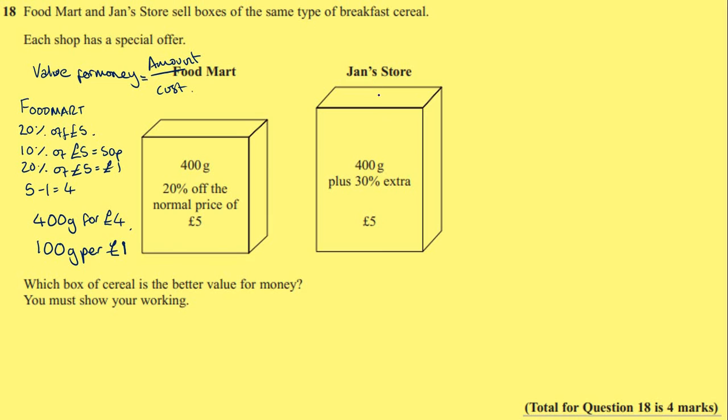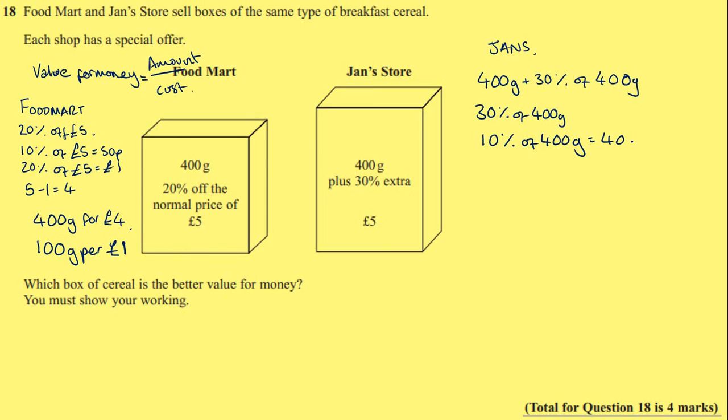All right, Jan's store. 400 grams plus 30% extra costs £5. So at Jan's store, we've got 400 grams plus 30% of 400 grams. Now we need to find out what's 30% of 400 grams. To do that, work out 10% of 400 grams.